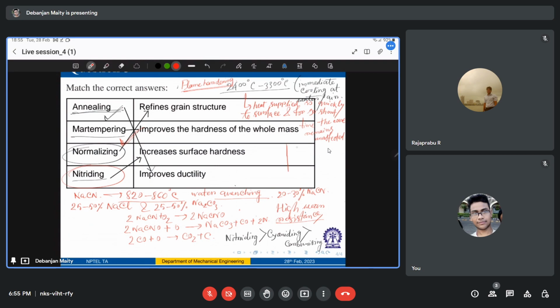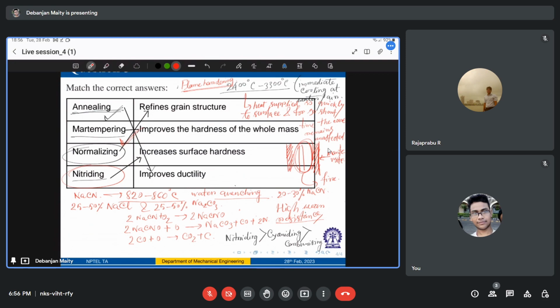So at the surface you have this martensitic structure, whereas at the center you have some soft fine pearlite or bainitic structure.